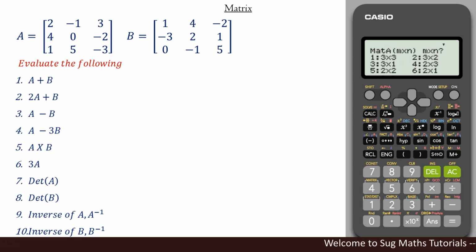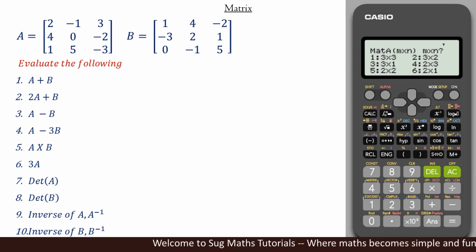Here I want us to see matrix 3 by 3, because if we can solve 3 by 3, we'll be able to solve 2 by 2 and then some other related ones. In this lesson, we're going to use 2 3 by 3 matrices. So we're going to use matrix A and matrix B.